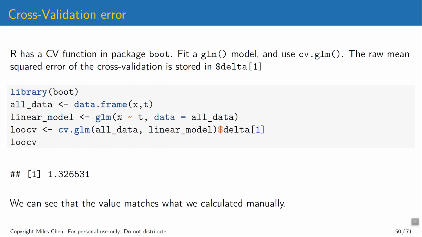So here I just do x by t, and this is on all the data, okay? So for this, you fit the entire data set. And if you do cv.glm, it will do leave one out cross-validation, and it stores its value right here, and we can see that R calculates the value to be exactly the same that we got, okay? And kind of the same process. So this is leave one out cross-validation.